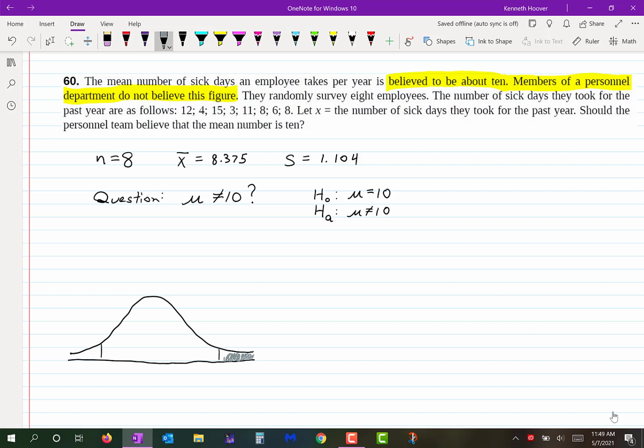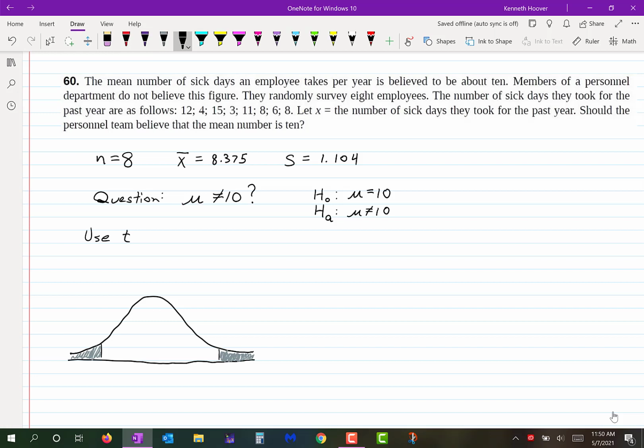But what kind of distribution is this that I'm going to look at? Is it normal or t? Think about this. Do we know sigma? No, we do not know sigma. Is n bigger than or equal to 30? No, it is not. So because we have a small n and we don't know sigma, we must use the t distribution.